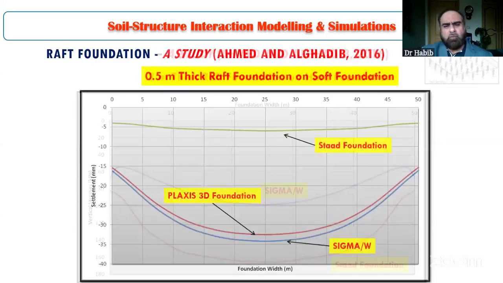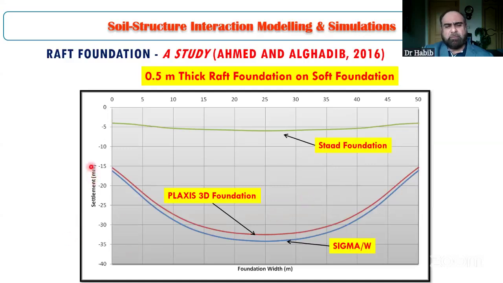Now, if we look at the settlement, these are the STAAD Foundation results. It has given us a very low settlement owing to the elastic nature of the spring only, while since we have used elastoplastic models for the soil in Sigma W and Plaxis 3D, it has given us a much higher settlement. So these are the real settlements.